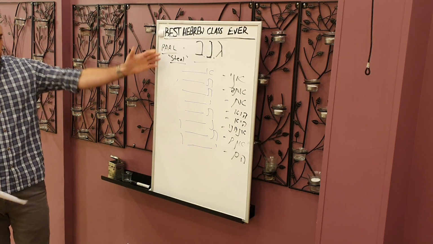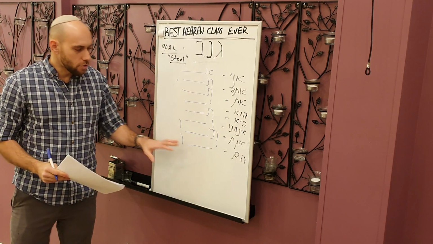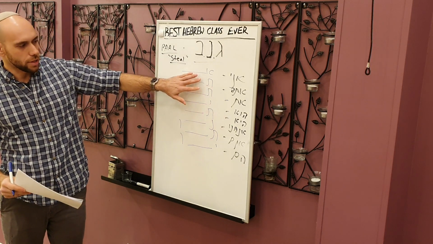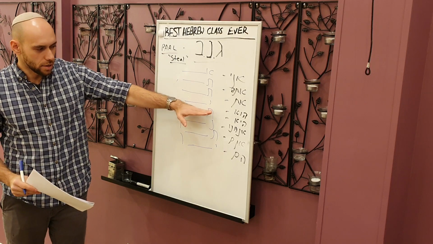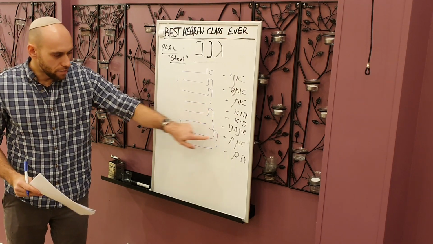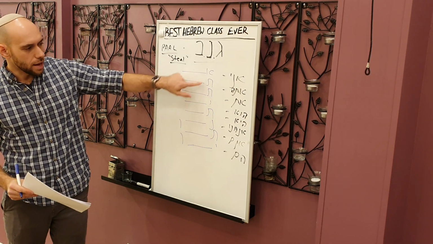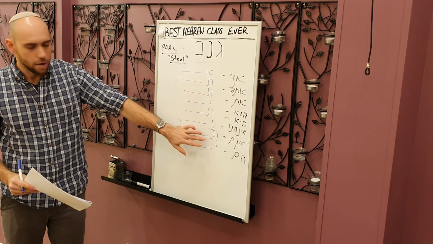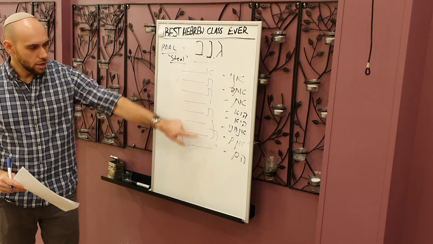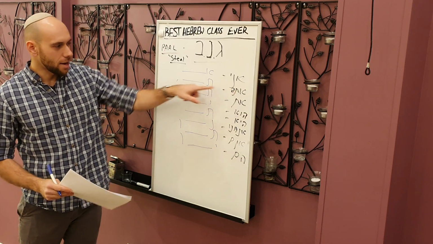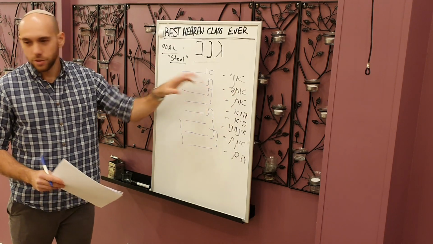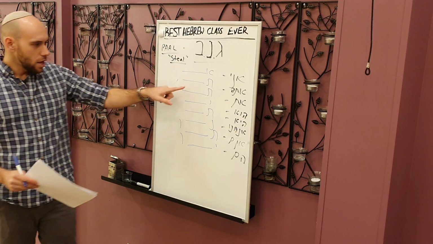So right away we can see certain patterns. First of all, everything that's second person starts with a tav. But not this one, this is third person, that's different. But you have ata, at, atem, these all start with tav. So there's definitely a connection here. There's definitely an easy way to remember that.